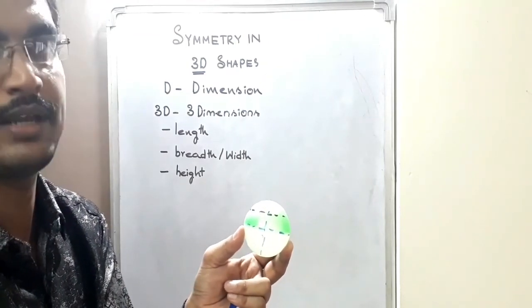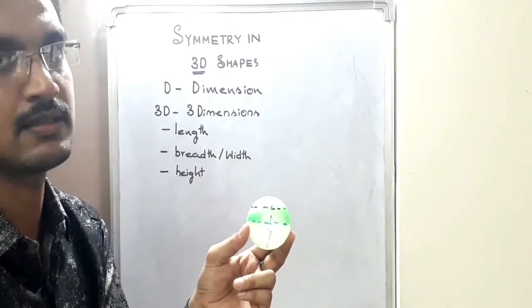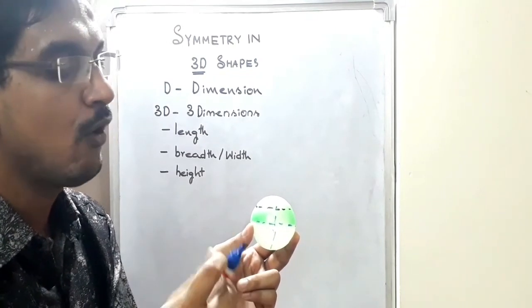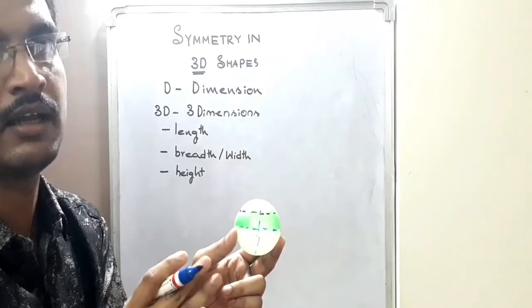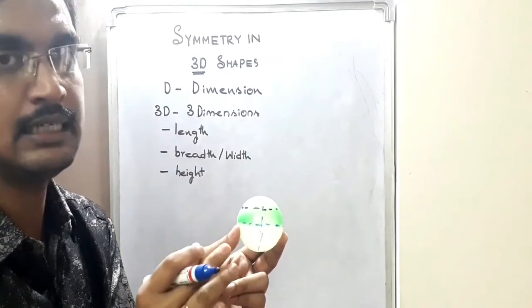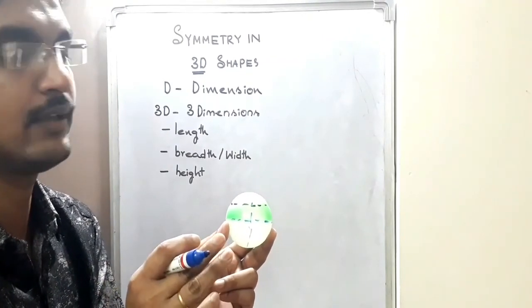So this is how we have to estimate the symmetry for three-dimensional figures. Hope you are clear. Once again, the last point: when we go around the center of axis of any figure, then we can see the property of symmetry for the three-dimensional shapes. Hope you are clear with this.